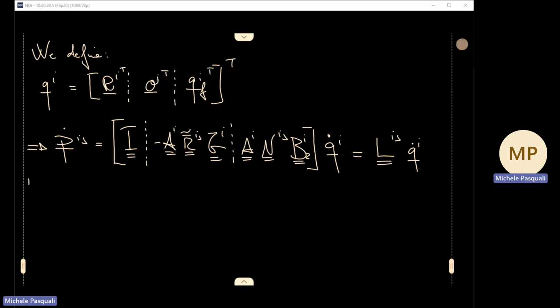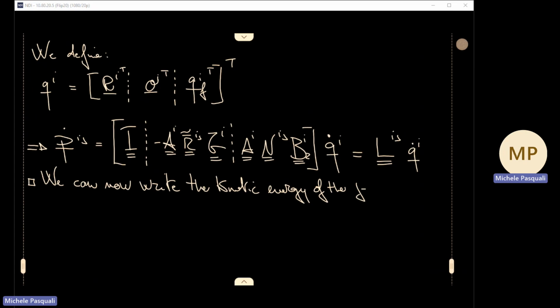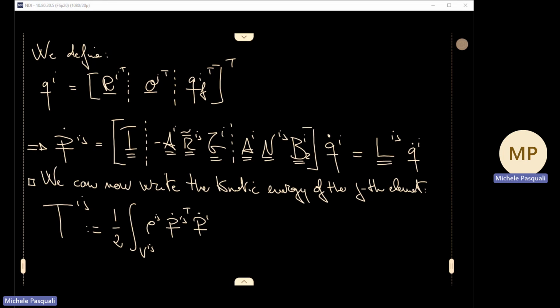So we now evaluate the kinetic energy of the element J. As such, so we have T Ij, which by definition is equal to 1/2 of the integral over the overall body of the element Ij, density Ij, and then, as usual, Pij dot transposed applied over P dot Ij.